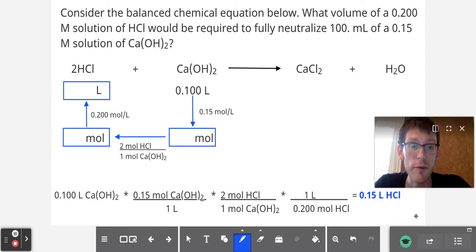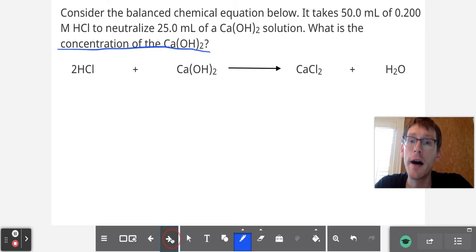And that ultimately brings us to 0.15 liters of HCl. So it's 0.15 liters or 150 milliliters of hydrochloric acid that will be required to react with the amount of calcium hydroxide given. So that's that.